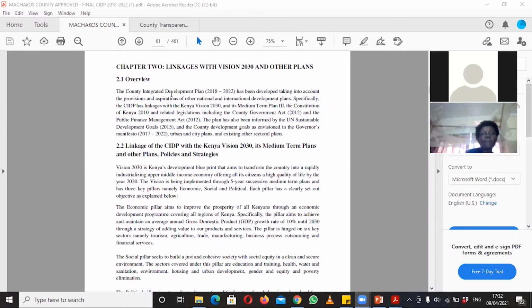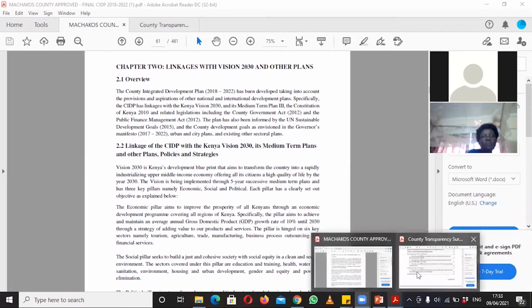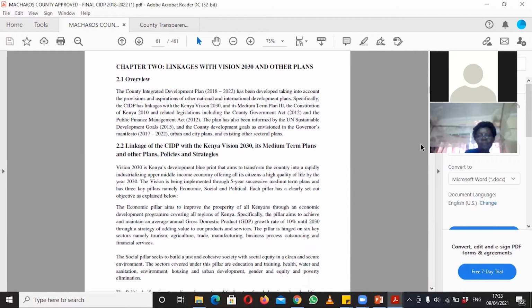It is a requirement that the County Integrated Development Plan links with the Vision 2030 and other plans.